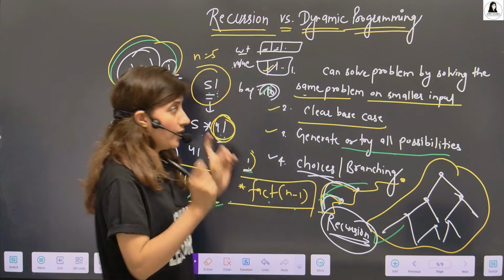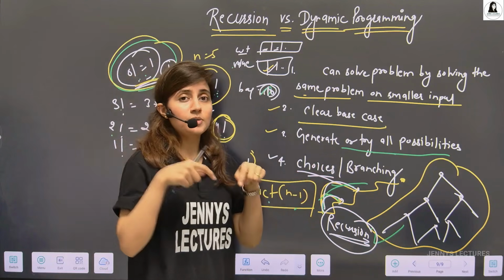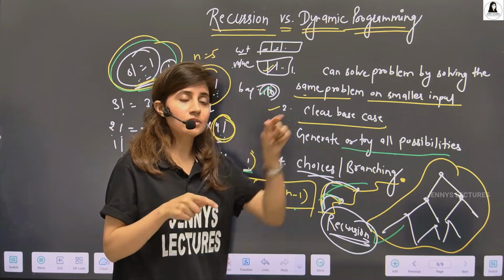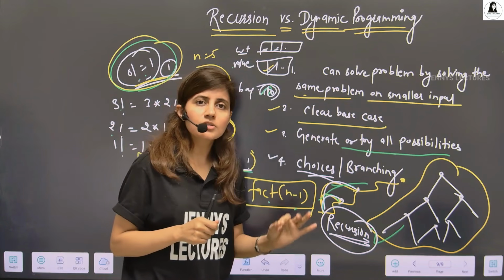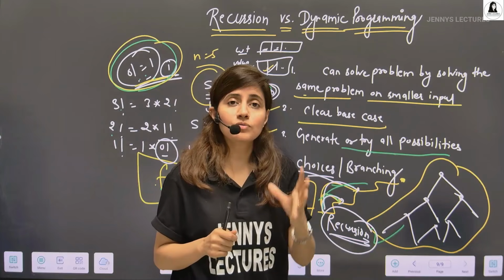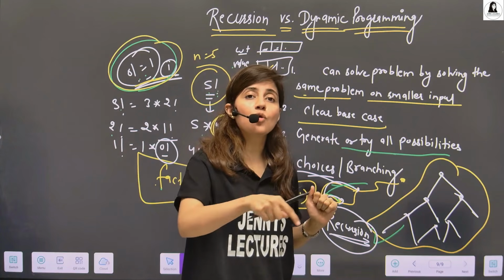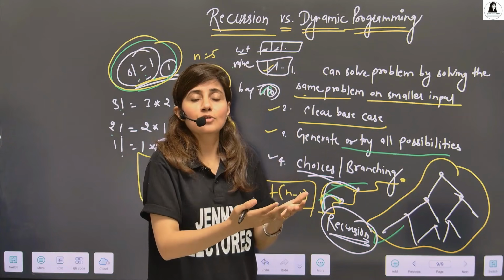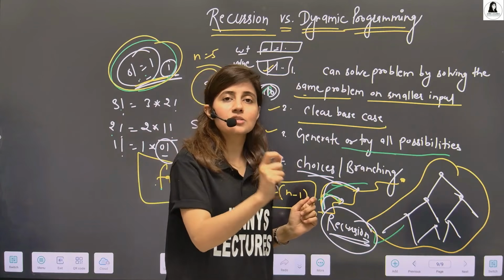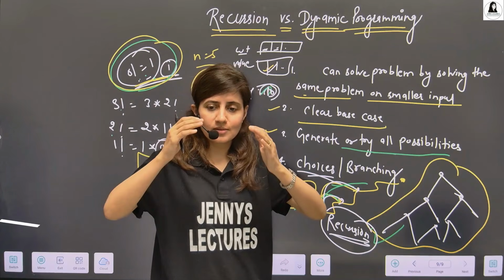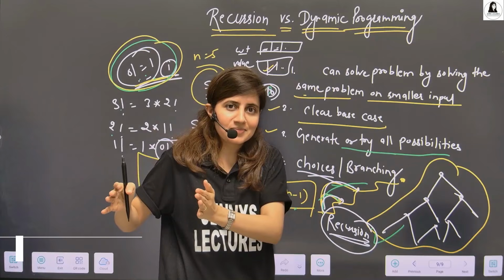Now, it doesn't mean that if a problem is solved with recursion, then it's a DP problem. That's not always true. Recursion is a technique to solve problems. DP is an optimization technique to solve problems efficiently. But generally, dynamic programming starts with recursion.